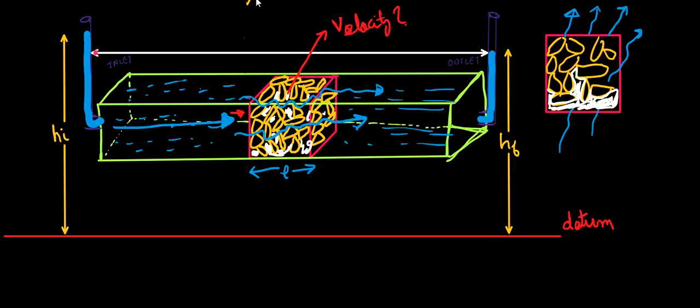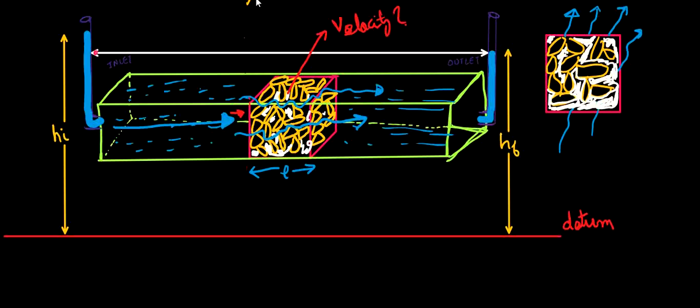The void spaces are only available for the fluid particles. From the solid particles there will be no flow taking place, because it is a solid obstruction to the flow. So this is the effective area, or the effective space available over a section for the flow.